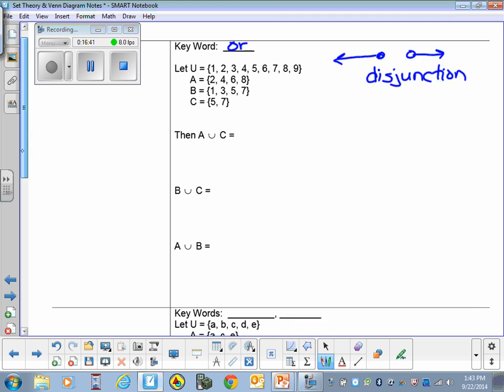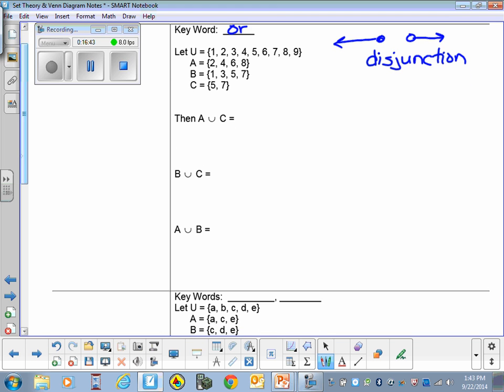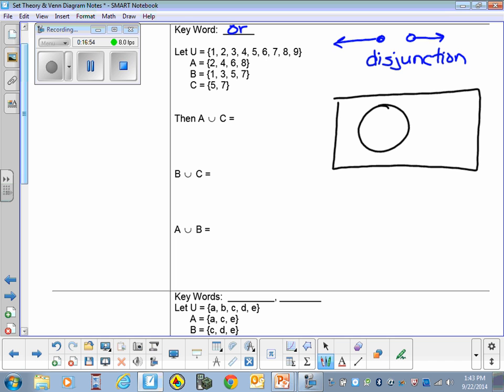Alrighty, so we're going to do A union C. Our universe for this problem are the digits 1 through 9. So when I draw this, I've got A and C and the universe.